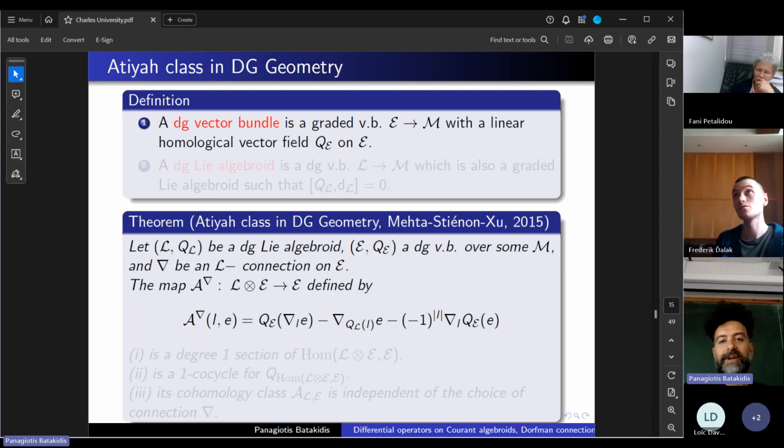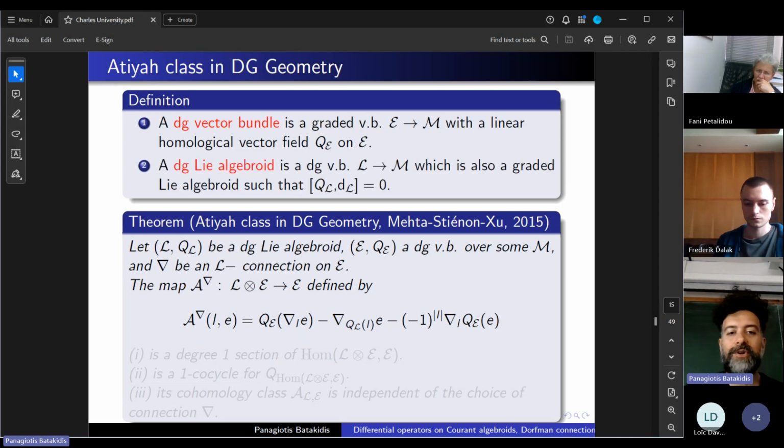We have a graded vector bundle with a linear homological vector field. Let's call this curly E. I hope there is no confusion with my notation before. And a DG Lie algebroid is just a Lie algebroid in this category, the category of DG vector bundles.